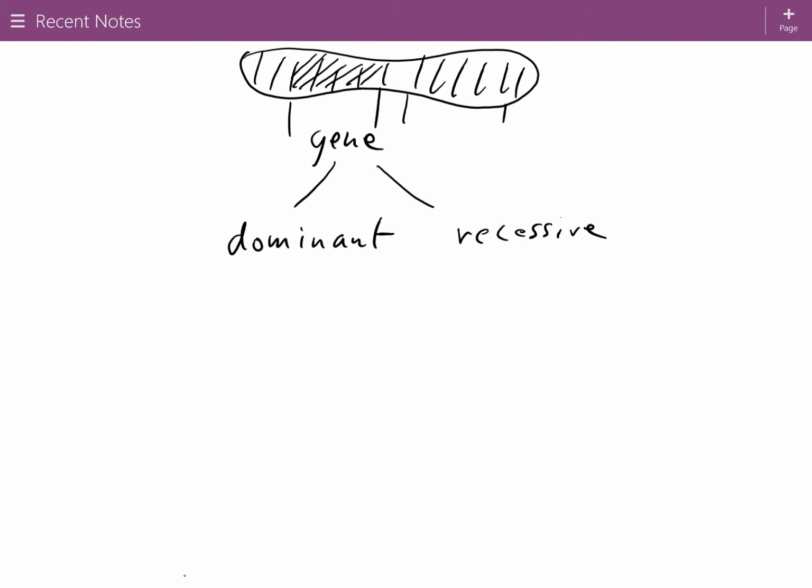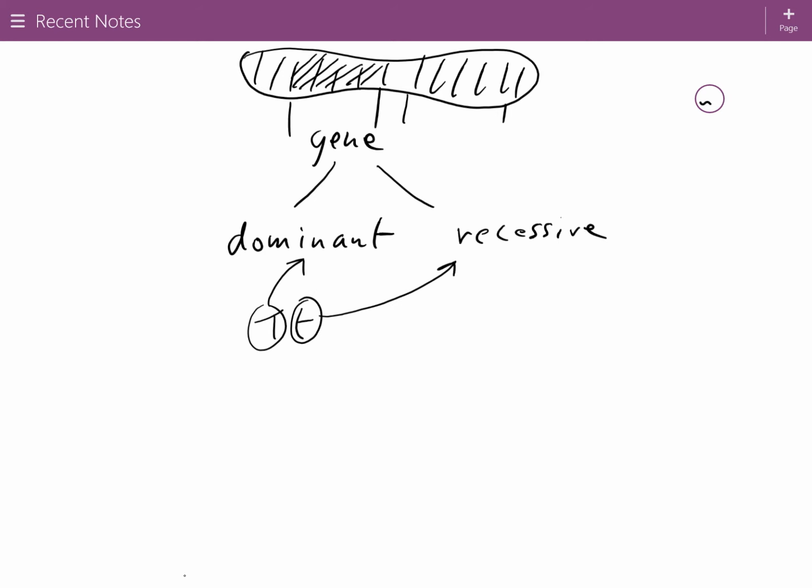Let's say your father has the genotype capital T, small t. Let's say that the capital T stands for tall, and the small t means not tall. If it's a capital letter, that means it's a dominant gene, and if it's a small letter, that is a recessive gene.